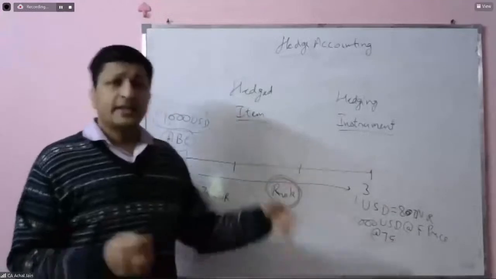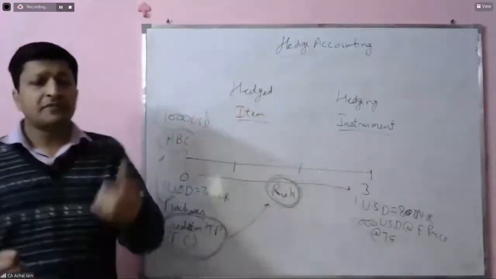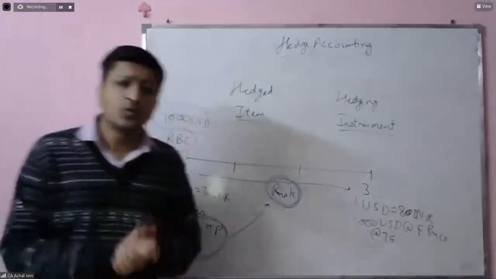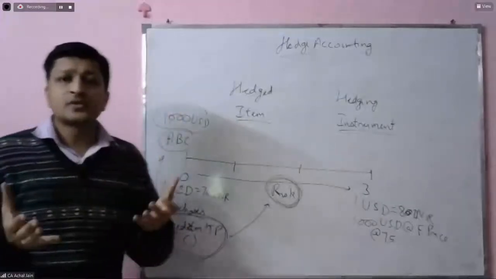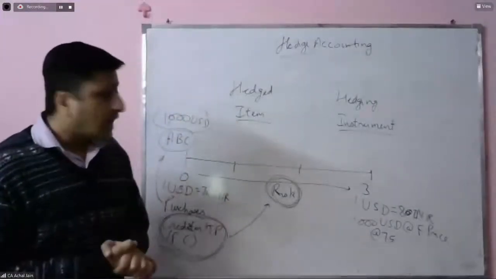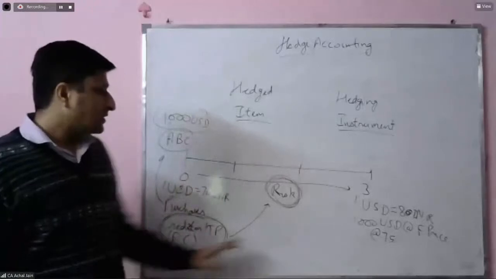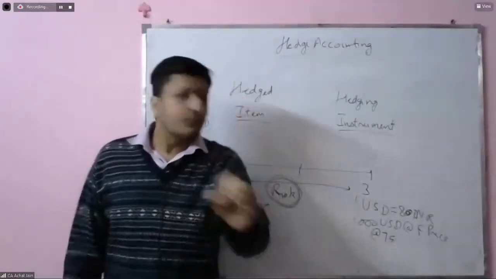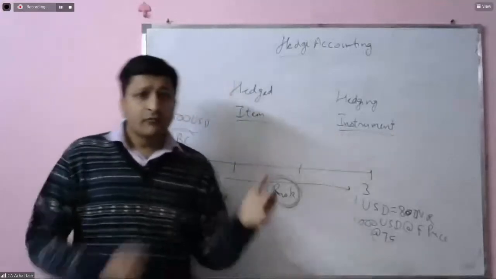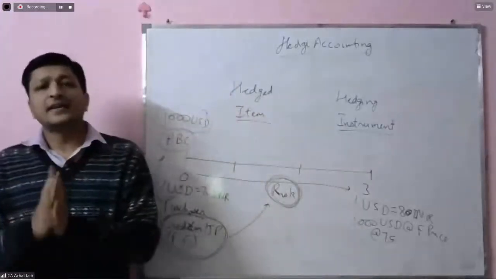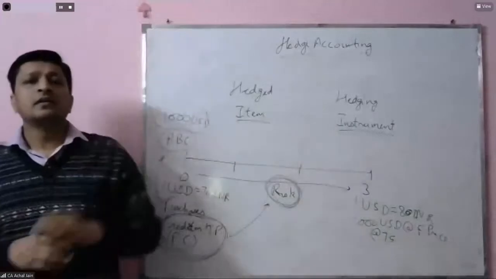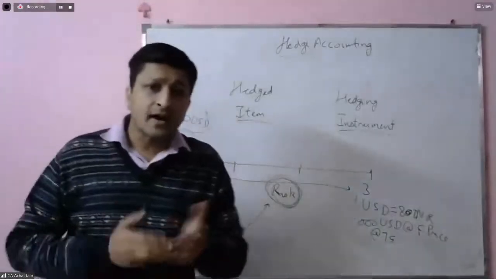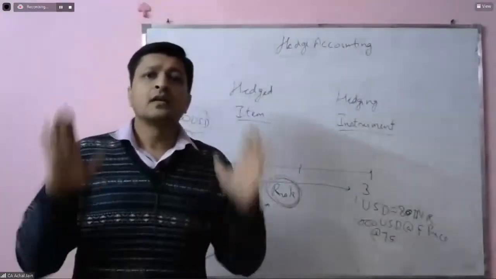It may become 80, it may become 90, it may become 85, it may become 72. It's not known. So that's why there's an exposure, there's a risk. But now ABC knows that this will be 75 fixed. Why? Because it will be required to pay 1000 USD, which it will take from the bank at the rate 75 and pay to the vendor. And that's how its risk is managed.